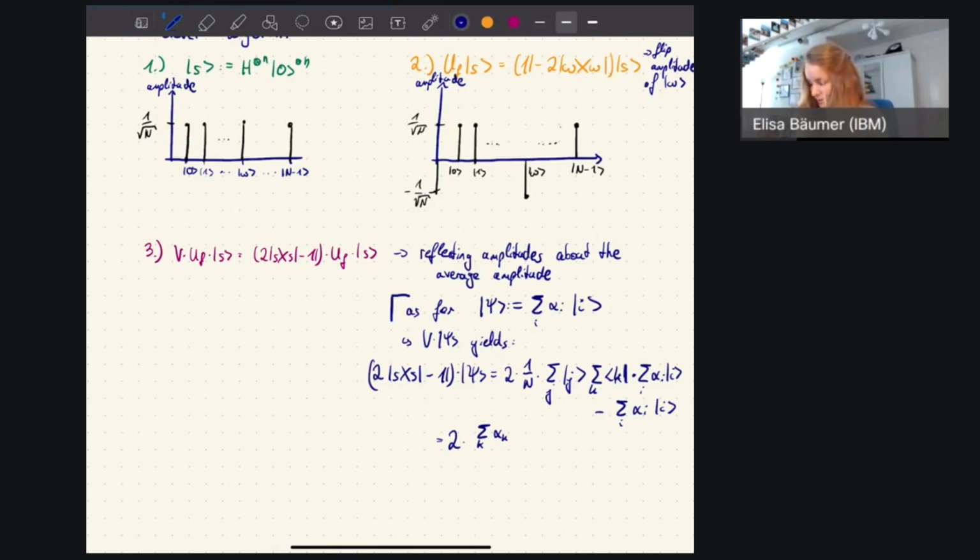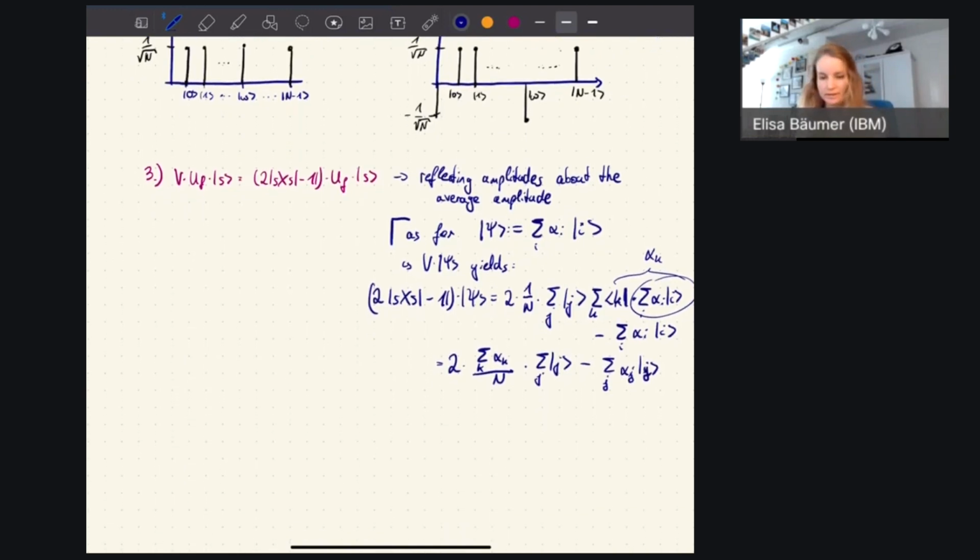So we can just basically replace this part by saying alpha k times k, and then this just gives alpha k. So here we have twice the sum over all k over n times the sum over all j, minus the second part, which is just this. Or we can actually also, because it's just dummy indices, change the indices here as well.